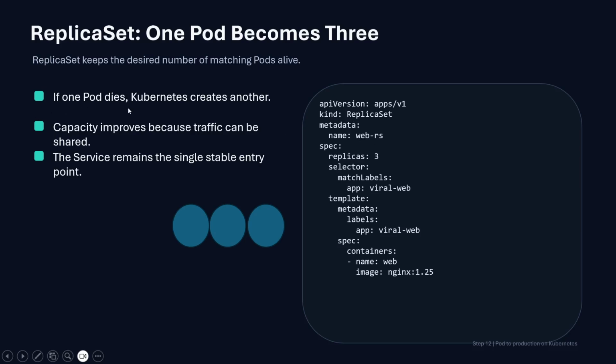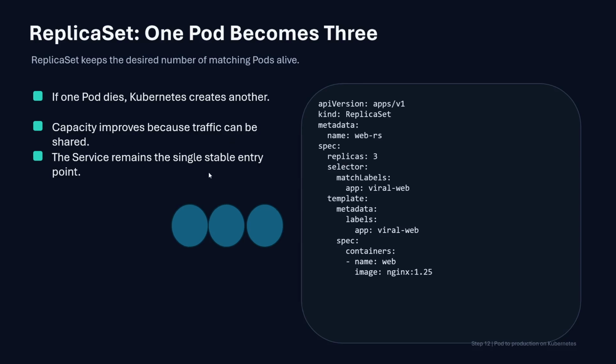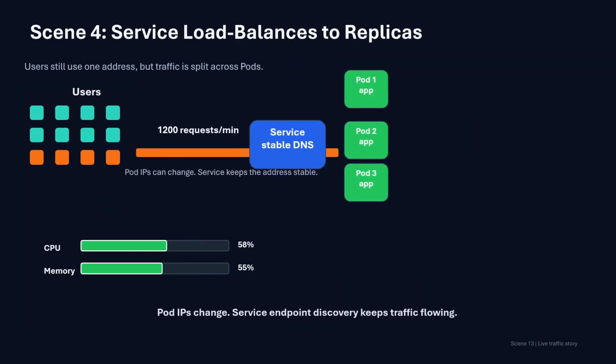If one pod dies, Kubernetes creates another. What is the advantage of replica set? If I am deleting one of the pods from this replica set, automatically the replica set will create one more. It will always maintain 3 pods. Also capacity improves because traffic can be shared. Now look here, previously my request was going to one pod.